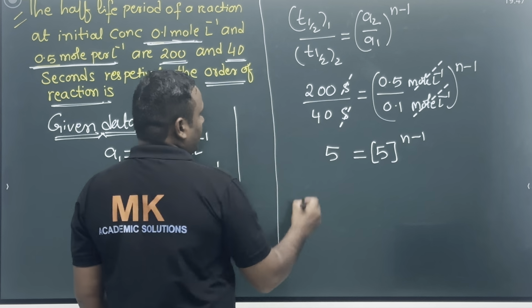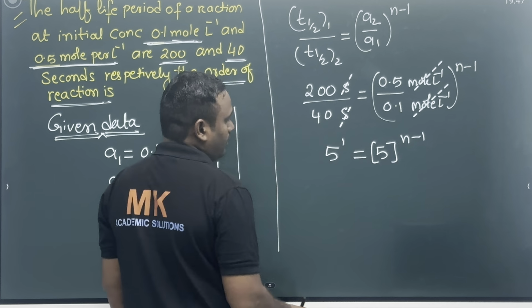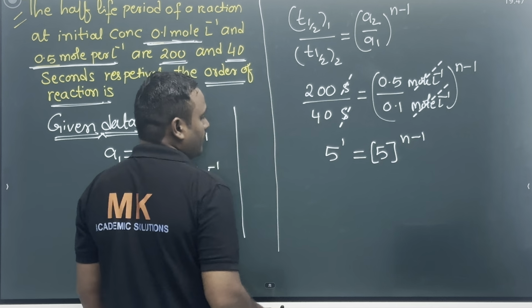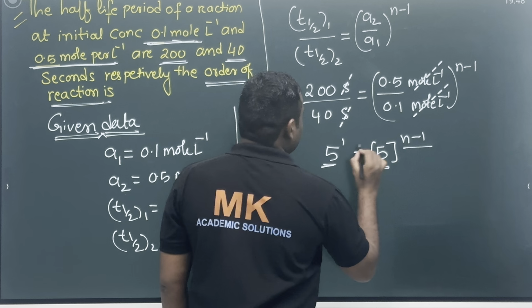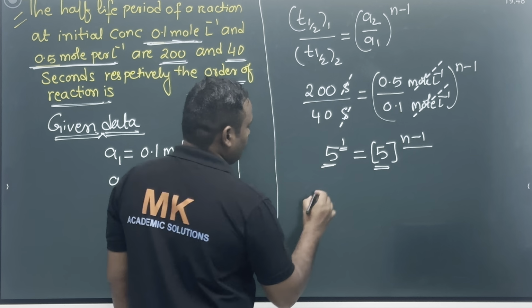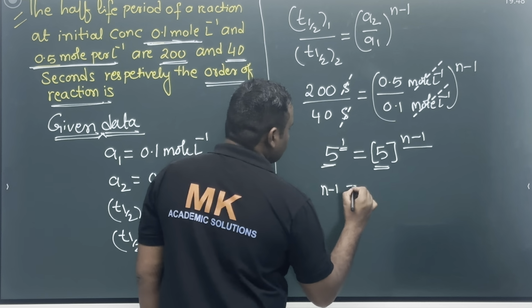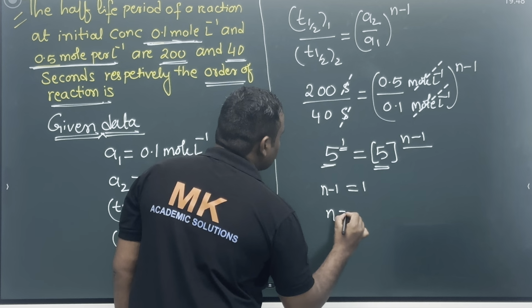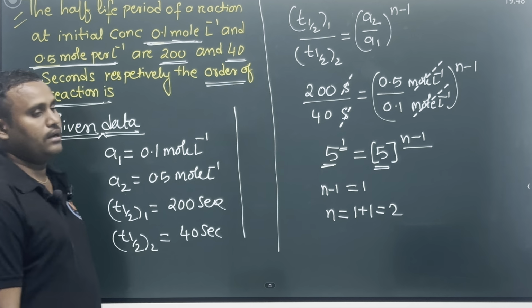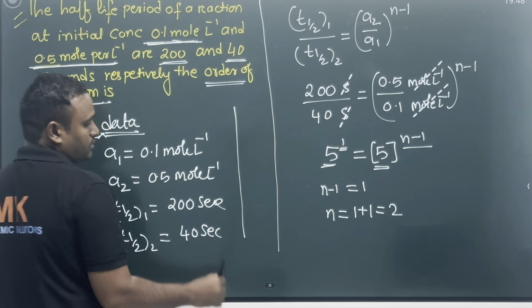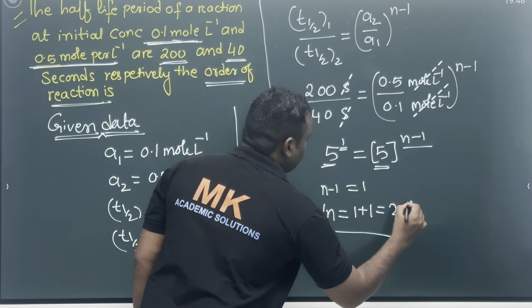Okay, so here we have 5 power 1 equal to 5 power n minus 1. If bases are same, powers are equal. So therefore n minus 1 is equal to 1. Therefore n is equal to 1 plus 1, that is equal to 2. So what is the order of this reaction? It is a second order reaction.